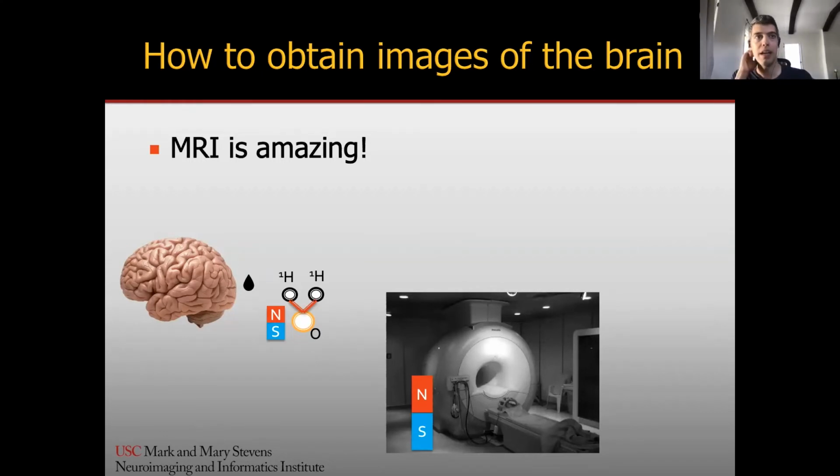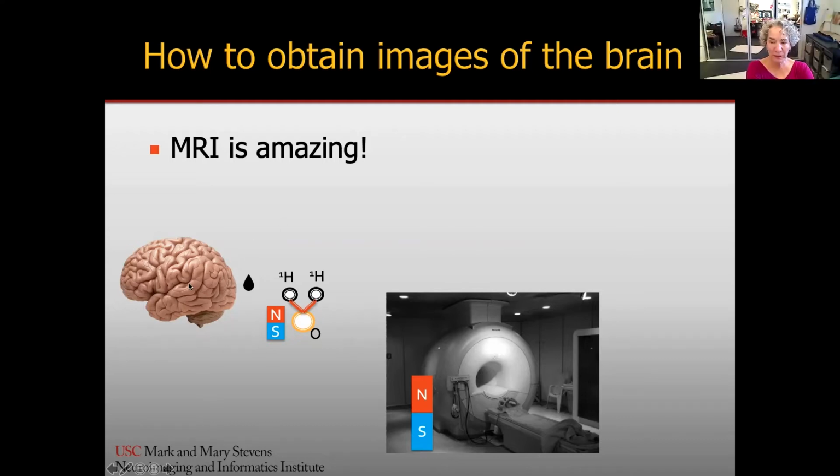One way to understand what is happening when you go into the MRI scanner is to think of our brains as basically big pools of water. Our brains contain tons of water, and the water contains protons that one can think of as little magnets.